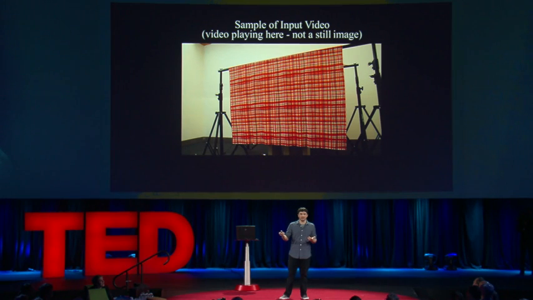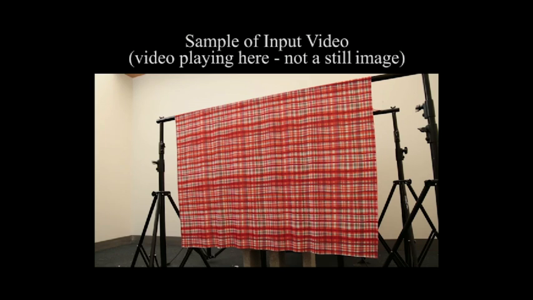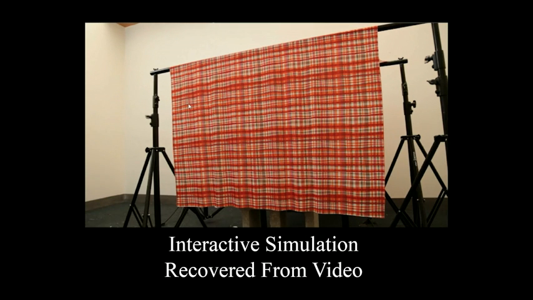Or in this case, we pointed our camera at a hanging curtain. And you can't even see any motion in this video. But by recording a 2-minute-long video, natural air currents in this room created enough subtle, imperceptible motions and vibrations that we could learn enough to create this simulation.